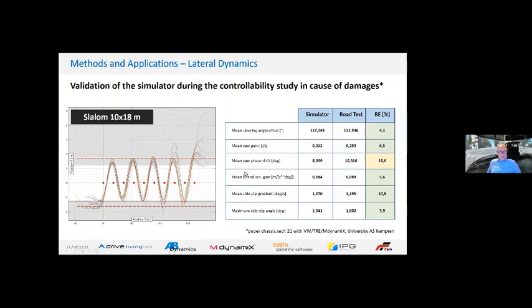To give you also some impression, we have done also some validation. Always the question is, does the driving simulator behave similar to the vehicle? This is always a question, and it's clear so far. On all driving simulators we have certain limits for the motion.